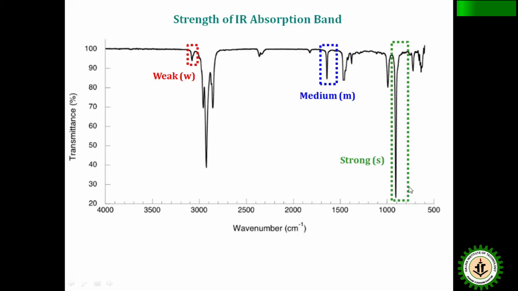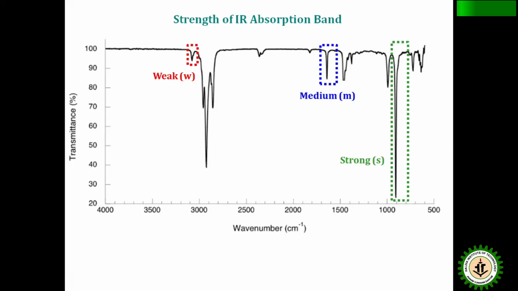Now, the larger the intensity or strength of the IR absorption band, the higher the intensity of IR radiation that has been absorbed by the chemical bond. These bands are generally designated by strong, medium, and weak, and these are represented by the letters S, M, and W respectively.